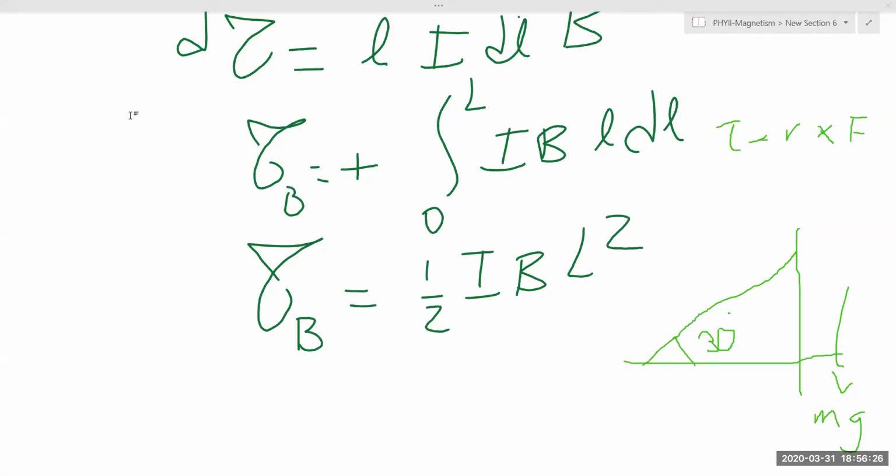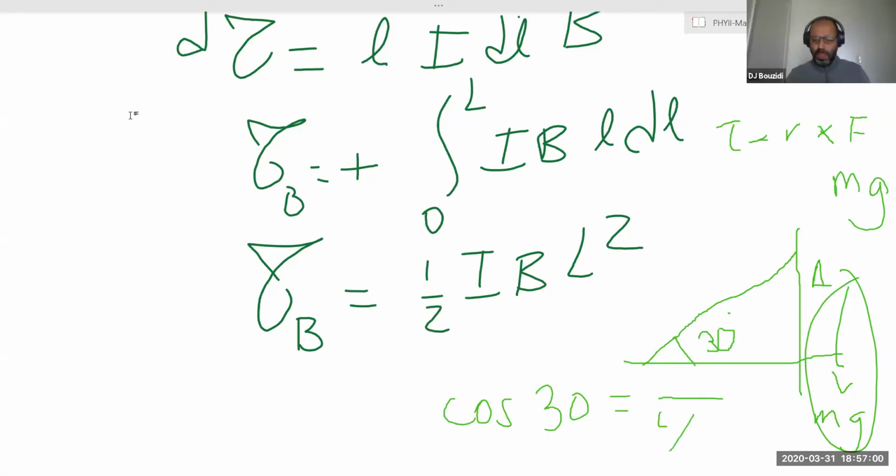And then what I was saying back then for the cosine one was that since the force was equal to mg, therefore mg is this. So I can get mg, the adjacent side, through cosine. So cosine of 30 is equal to adjacent over hypotenuse. The hypotenuse, we said, was L over 2, and this was mg. So that's how I knew that mg just equaled L over 2 cosine 30.